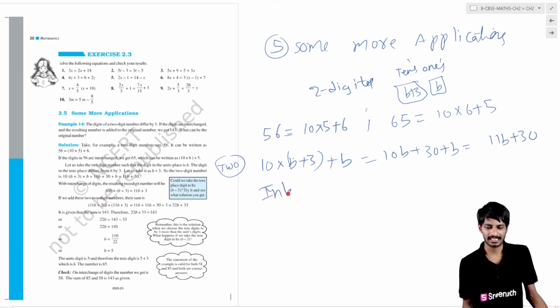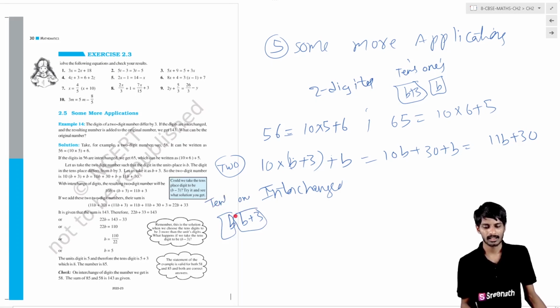Now we have interchanged the digits. How will it become? Here this is the tens place and this is the ones place. We have to replace them. So it is b plus 3 in the ones place and b in the tens place; this is the interchanged number. How can it be expanded?